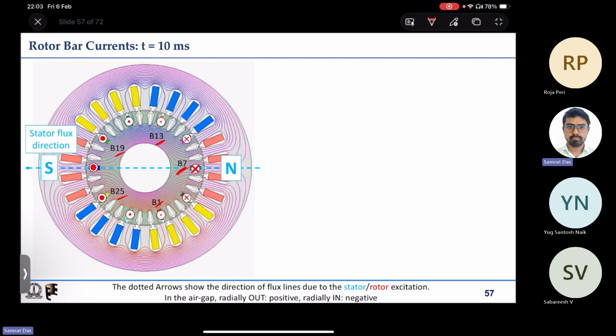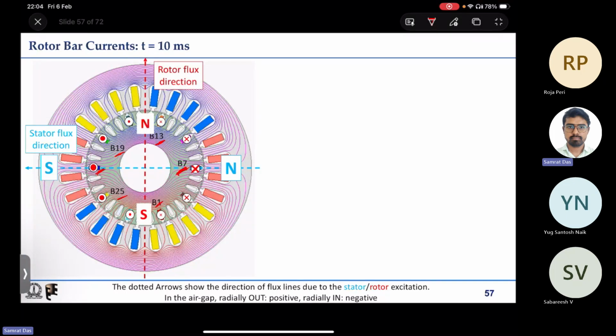And 180 degrees opposite, the opposite thing happens. If B7 is here, then the opposite bar must have the peak positive current, peak dot current. And the same for all the rotor bars. And this is the current direction.